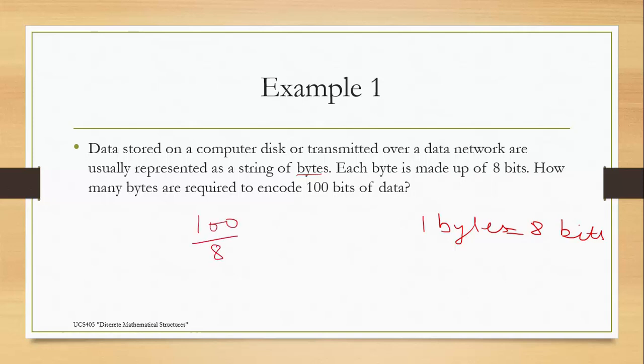But the question is whether we have to take the floor value or the ceiling value. In this case, we have data to be transmitted, so we cannot lose data. So we will take the ceiling value. That will be the ceiling of 12 point something, which is equal to 13. So 13 bytes are required.